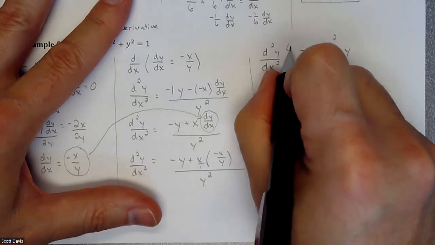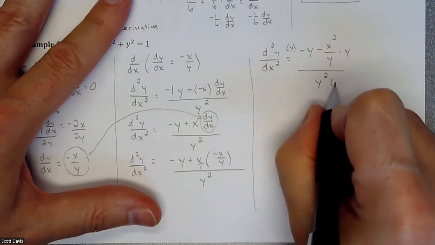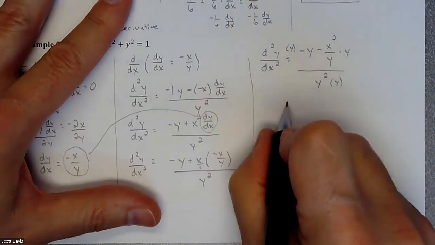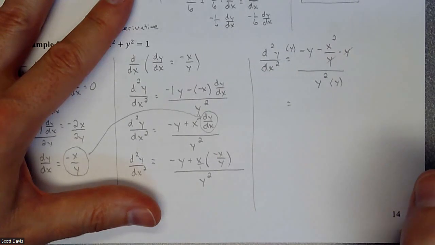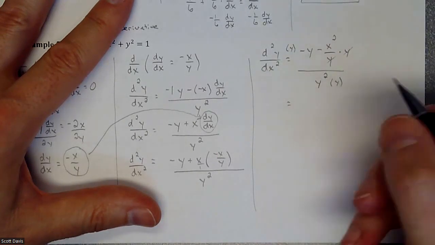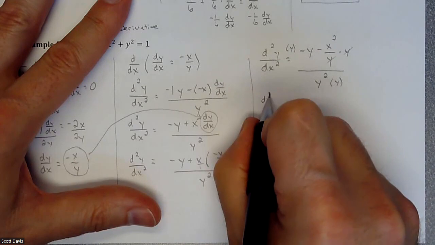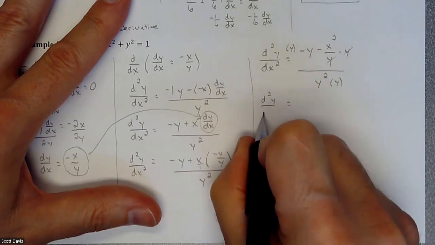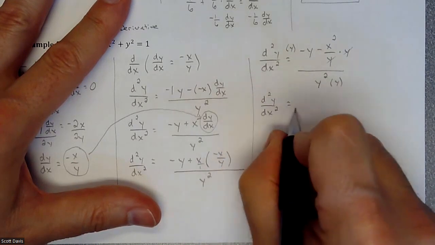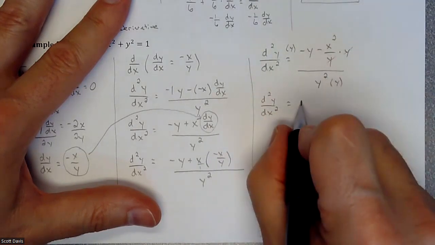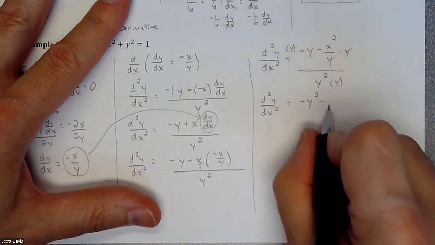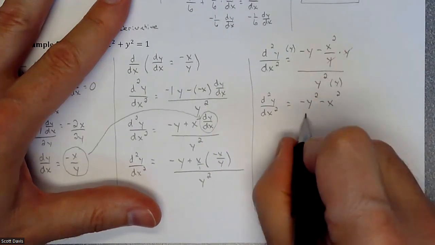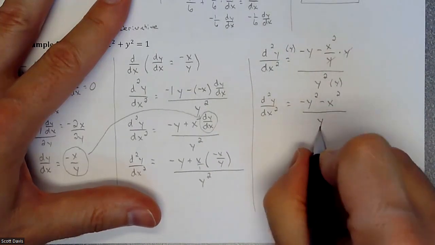Whether it needs the y or not, we're multiplying it because it gets rid of our fraction within a fraction. But what it does do is bump everything else up a little bit, but that was unavoidable. So we're going to have a negative y squared minus x squared over y cubed.